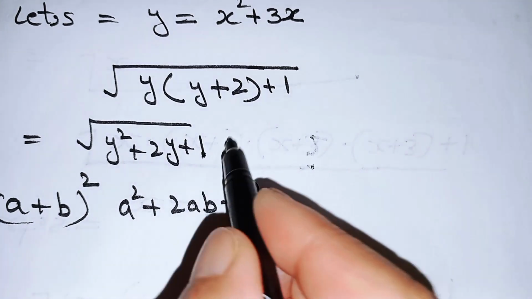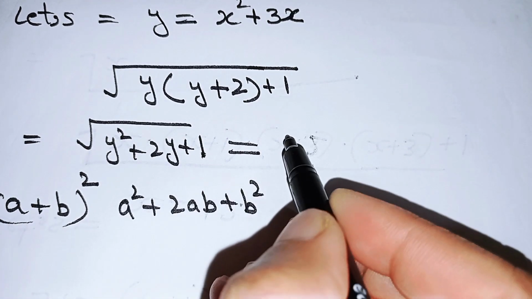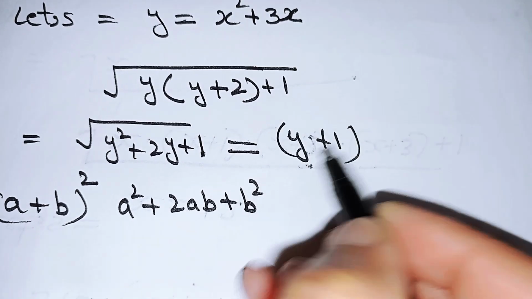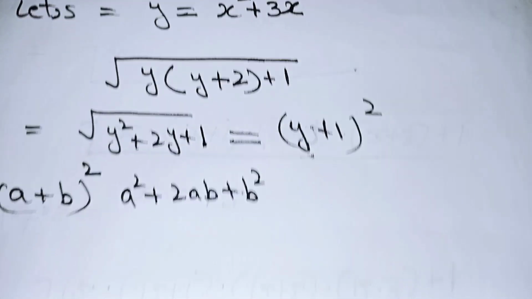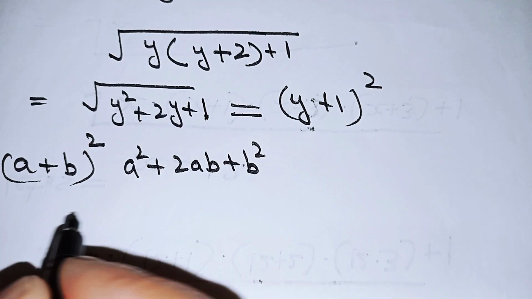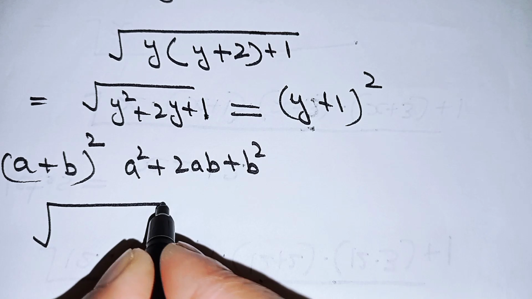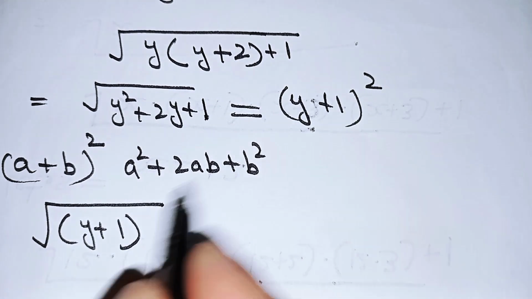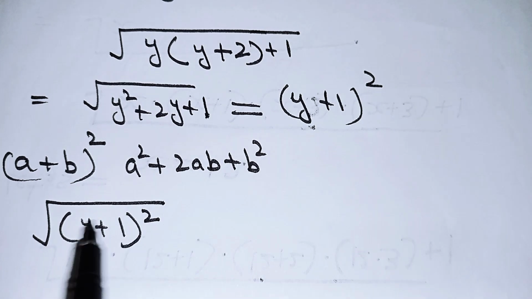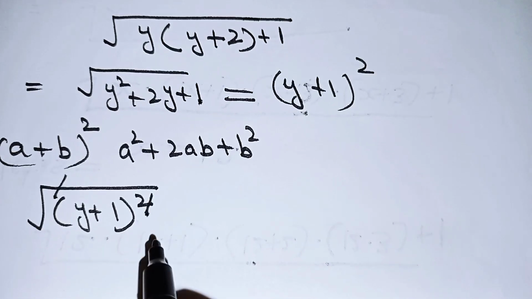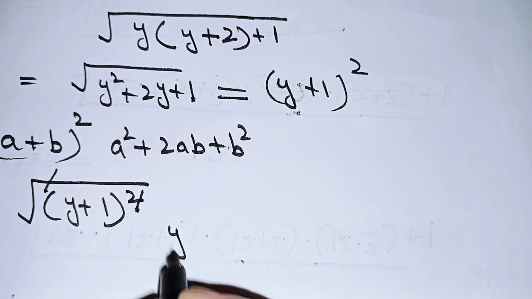So this is y plus 1 whole to the power of 2, and so here we put the value in, square root of y plus 1 whole to the power of 2, and now the square root cancels with the square and the remaining is y plus 1.